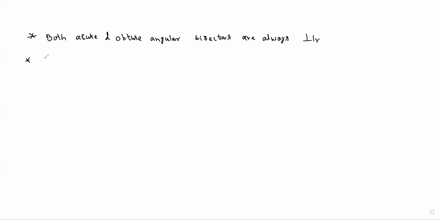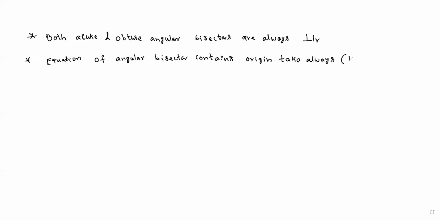That is the equation of the angular bisector containing the origin. If the origin point is on the angular bisector line, then always take the positive symbol. In the formula, I will take the plus symbol. That gives the equation of the angular bisector containing the origin point.